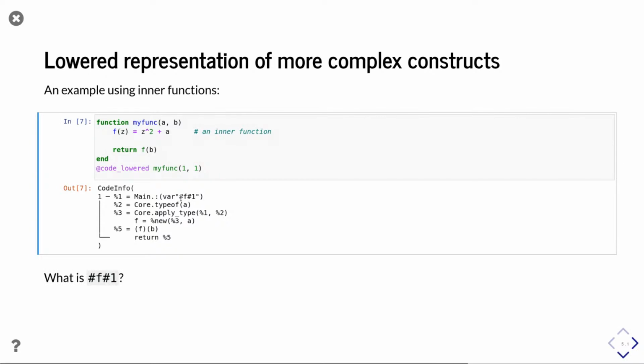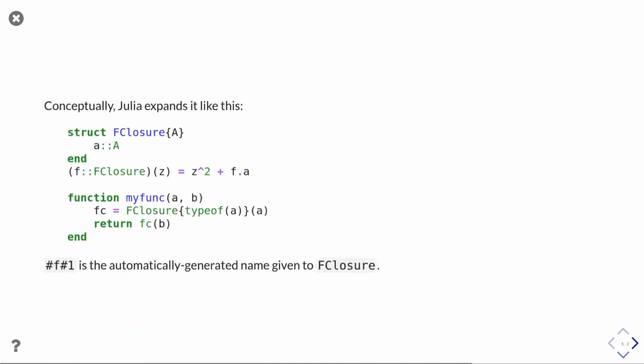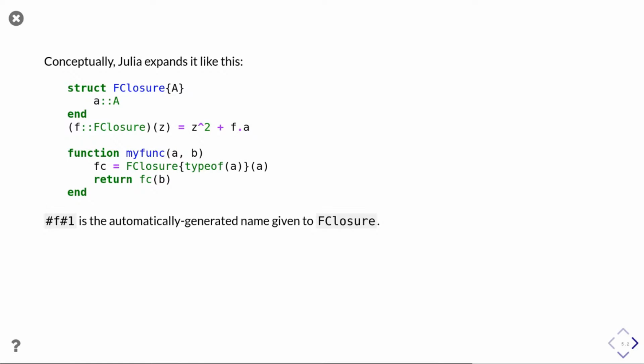In circumstances where this is actually important for you to understand, and it often isn't if you're just debugging inference problems, it's worth understanding what Julia is doing. The way that Julia handles these inner functions is basically schematized here. It creates a brand new anonymous structure, the closure structure for that function.